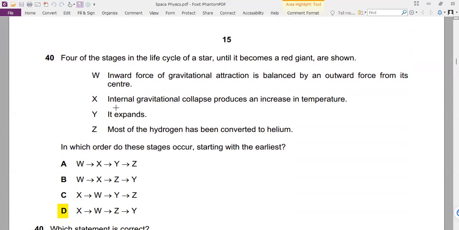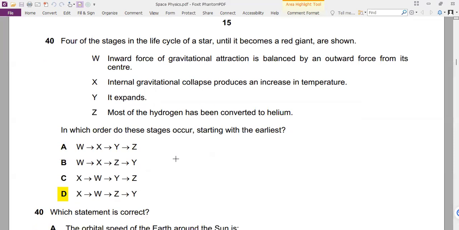You will know that first of all, we have a gravitational collapse, and then we have gravitational attraction inward and outward, equalizing. Before expansion, hydrogen is converted into helium, and finally it expands.